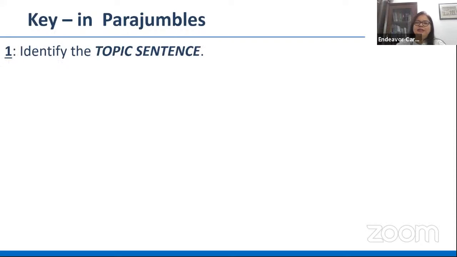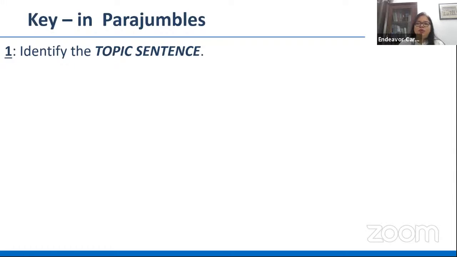It's extremely important that in a paragraph, I learn to identify the topic sentence. Does that mean that every parajumble is necessarily a complete paragraph given to you? No, it could be one part of a paragraph, the first part. It could be taken from the middle and it could be just the second part of the paragraph. It could also be a complete paragraph.